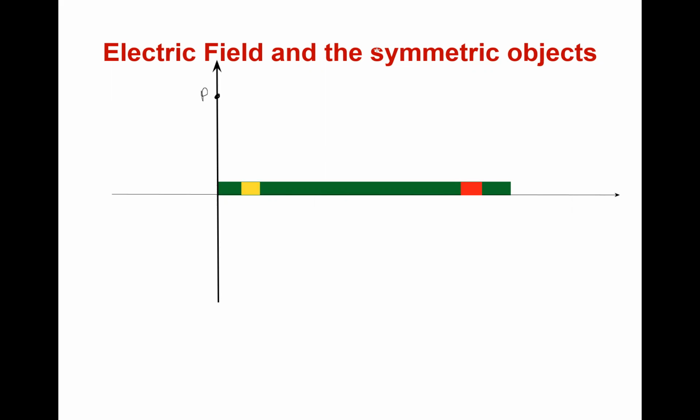The red one will create at this point, for a positive charge, a positive field like this, with two components, EX and EY. Here we say E1 with E1X and E1Y. And the yellow one will create, in the same manner, a field like this.